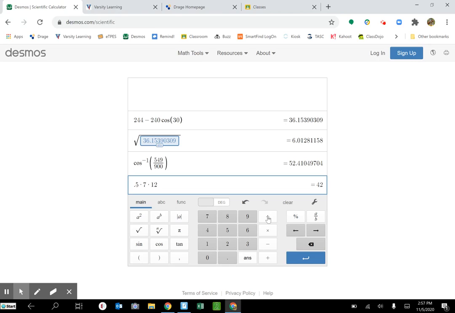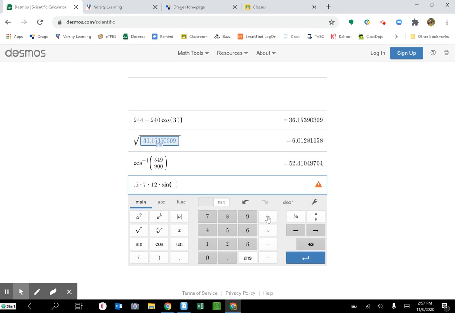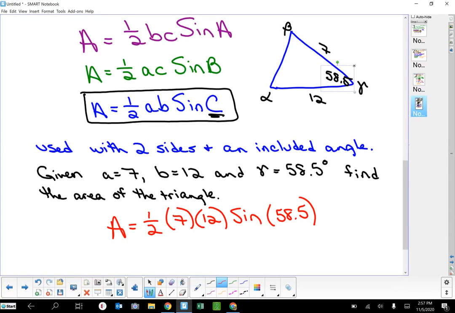Times 12 times, we need the sine, which is under function, sine of 58.5. And we get 35.81. So this is area approximately equals 35.81. Okay, so these formulas are really straightforward to use.